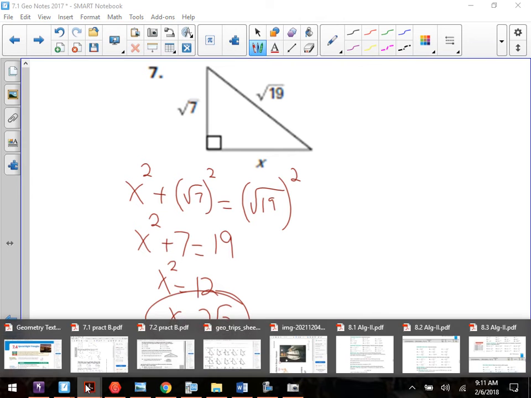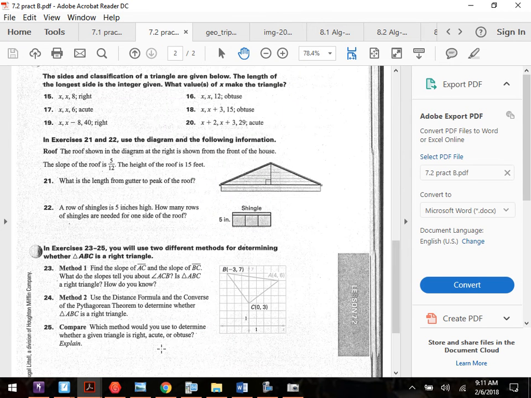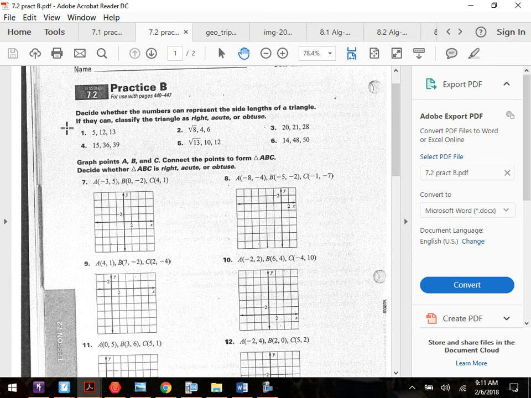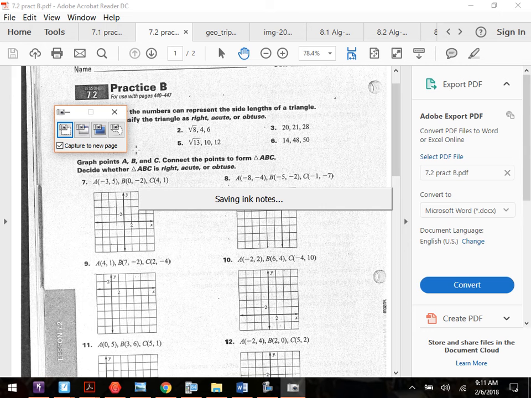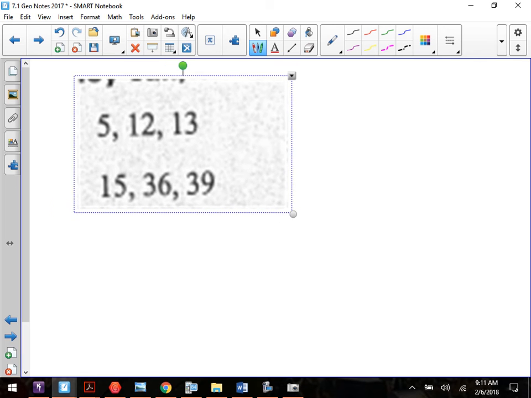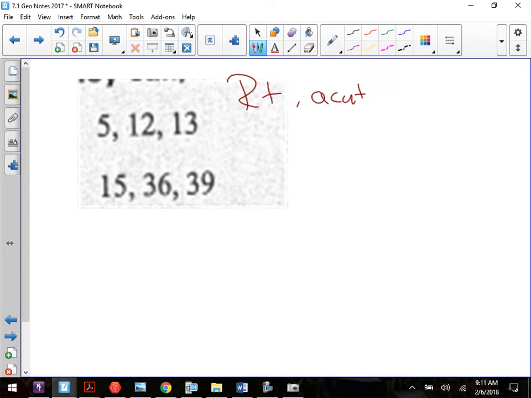Now, what I want to show you here, let me see if I can pull this up, is I want to tell whether or not these guys are right, acute, or obtuse. So I want to check and see whether or not the side lengths of 5, 12, and 13 form a right triangle, acute triangle, or obtuse triangle.